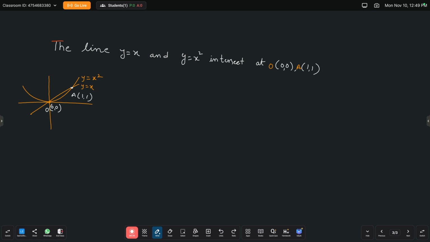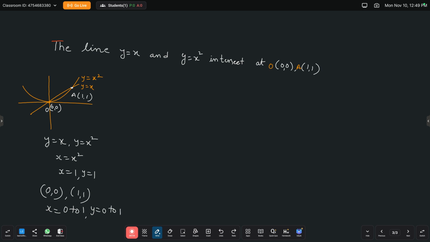That means you can solve these two equations, y is equal to x and y is equal to x square. Y remains the same. You can equate x is equal to x square and cancel x one time. If x is 1, y is also 1. So the coordinates are 0, 0 and 1, 1. That means x is taking values from 0 to 1 and y is also taking values from 0 to 1.